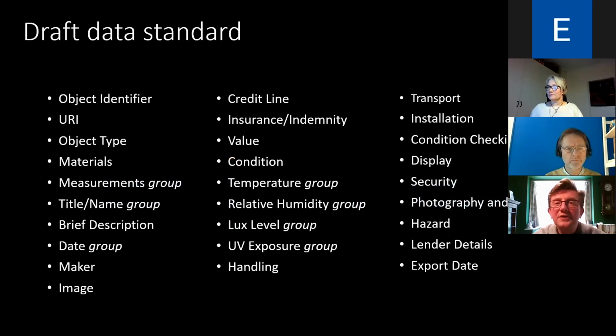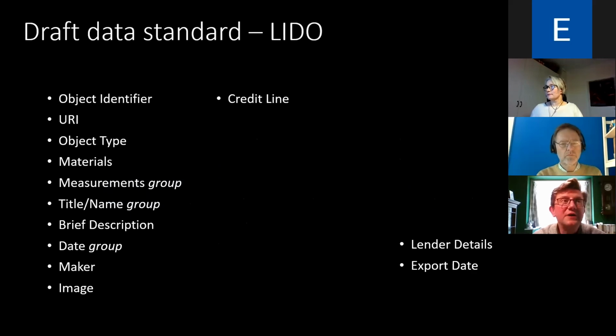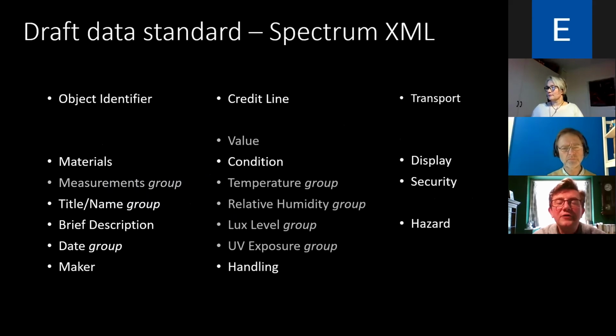Neither standard contained all the units of information we required. LIDO, which is primarily designed to deliver data for aggregated online collections, lacked collection management information. Spectrum did rather better in this area, but a lot of the more granular fields were often covered just by one general free text field, and some fields were still missing.